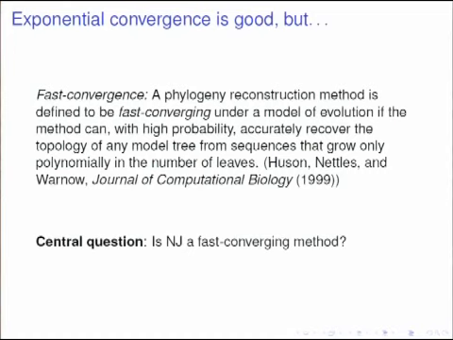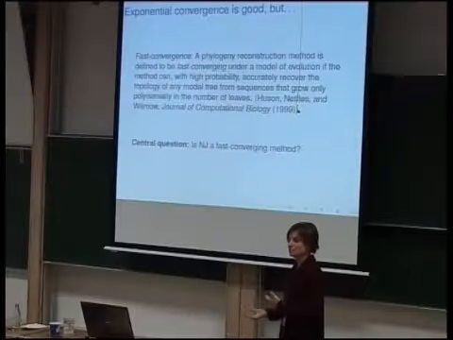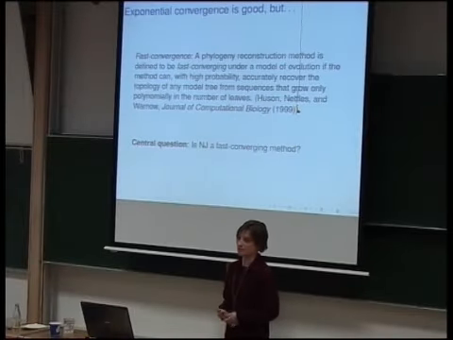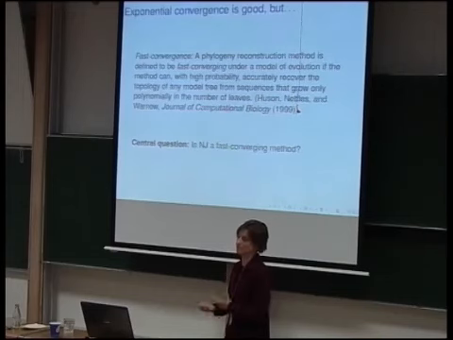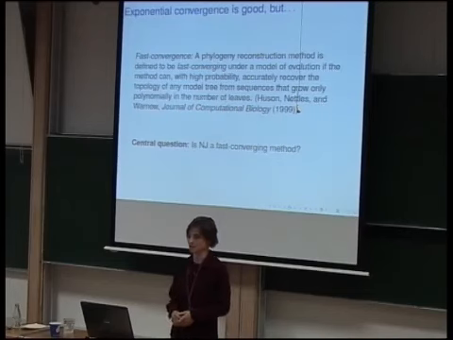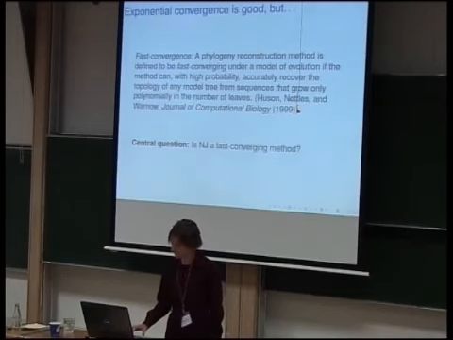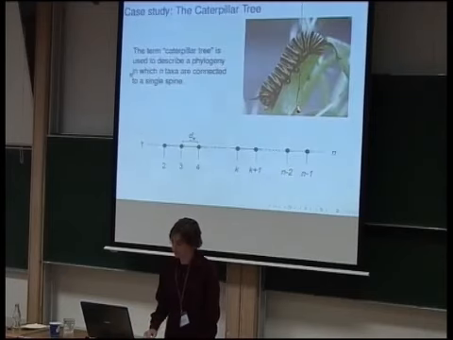So we've heard about fast convergence a few times today, this is the formal definition. And so the question was, is neighbor joining fast converging? Can we beat the bound that Atteson came up with and demonstrate that neighbor joining is in fact able to successfully reconstruct any tree from sequences of polynomial length?